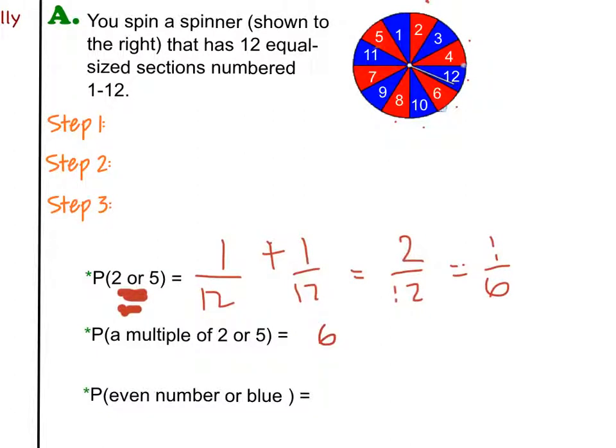How many multiples of 5 are there? Well, there's 5 and there's 10. So there's 2 multiples of 5. Now our problem is we just counted 10 twice because it's a multiple of 2 and 5, so we're going to subtract that out. We have 6 plus 2 is 8 minus 1 is 7. Our probability is 7 out of 12.